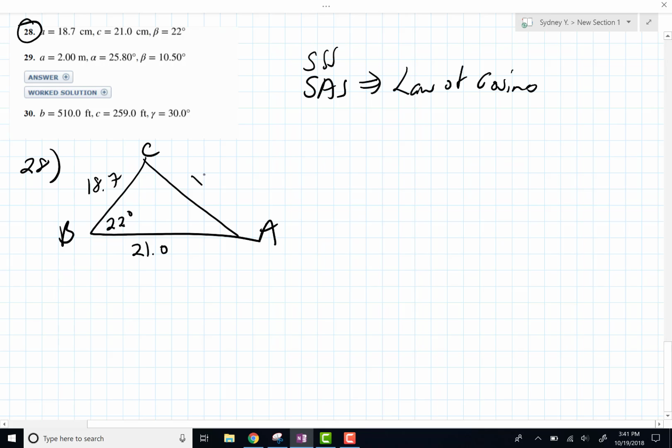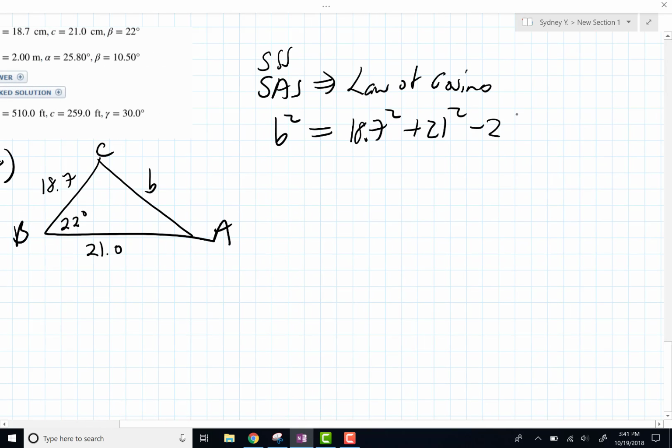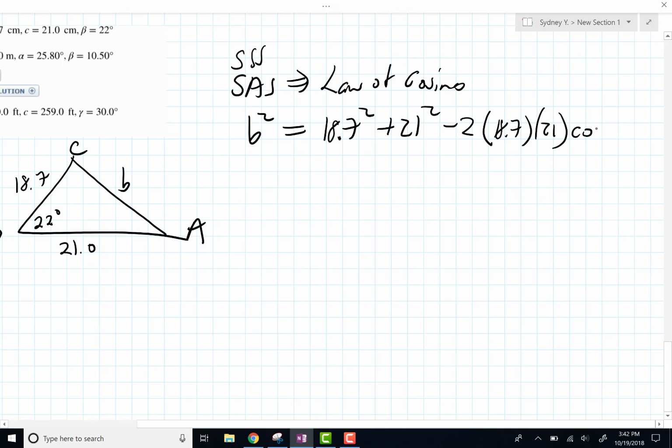So this b, the side across from the angle that you're looking for, goes on its own, and then it equals, starts off like Pythagorean theorem, 18.7 squared plus 21 squared, but then because it's not a right triangle, you minus double the legs multiplied together and then times the cosine of the angle in between. And then just take a big square root of both sides to get the b, and you're going to put this in on your calculator all at once.